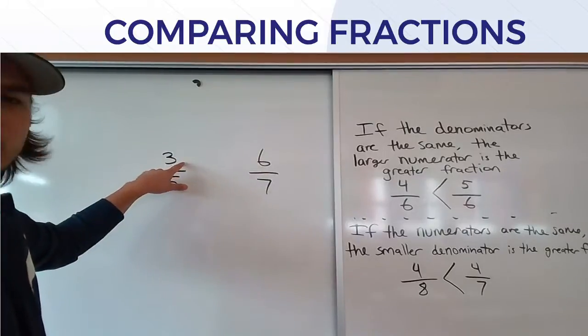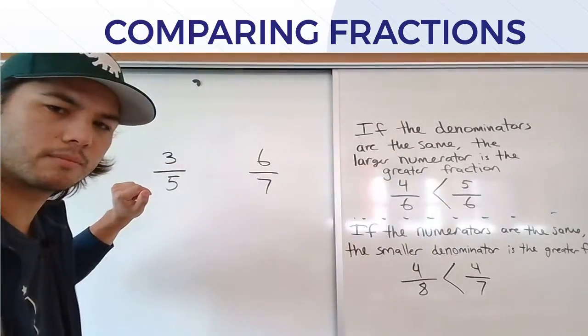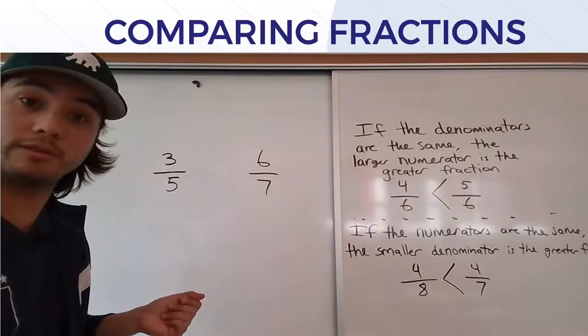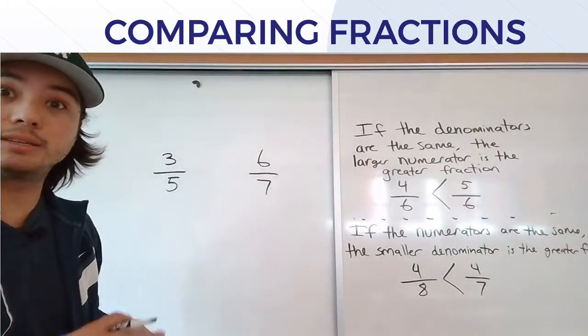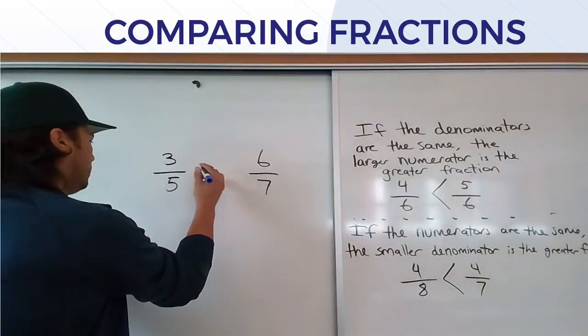I know that 3 times 2 equals 6. So what have I used? 2 halves. That's an equivalent of 1, and I can multiply 3/5 times 2 halves, and it doesn't change the value of our 3/5. So let's do that.